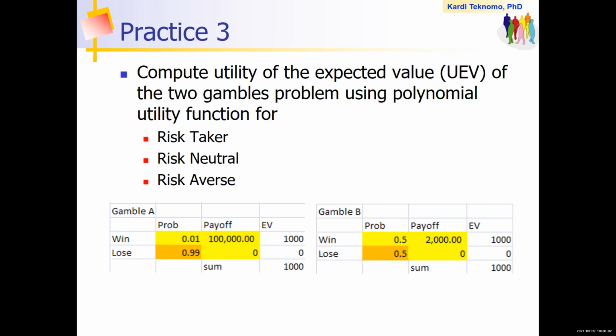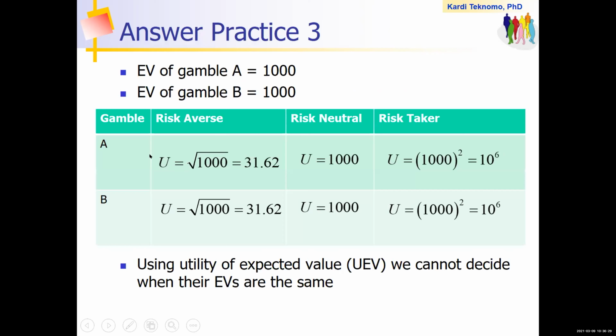I want you to practice computing the utility of the expected value. In this case, if you are risk averse, because you are using polynomial, then you will get the square root. If you are risk neutral, the utility is exactly the same as the EV.